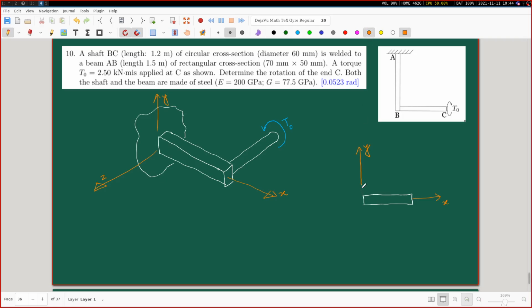And then this torque will actually look like this, which is just like a bending moment.